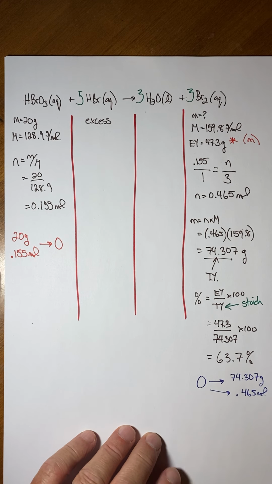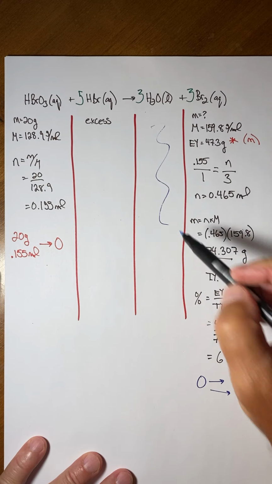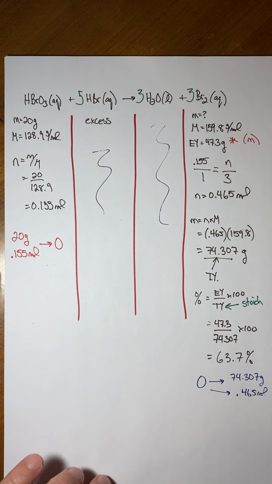You can put that in there, but this is what I would do. I would just go, in theory, this is how much you would make in those experiments. We don't care anything about water, and like I said, that was already in excess, so we don't worry about that. So that's how you do percentage yield. You should have no problem with these as long as you understand your stoichiometry. So good luck.